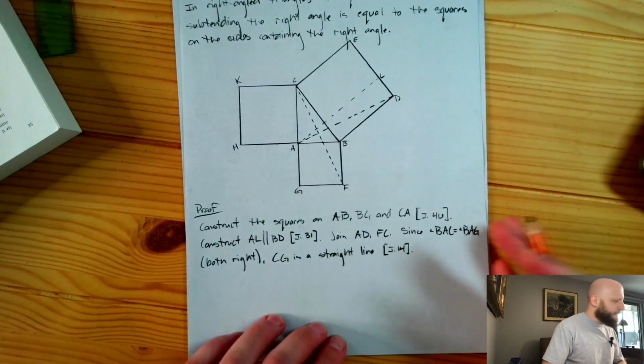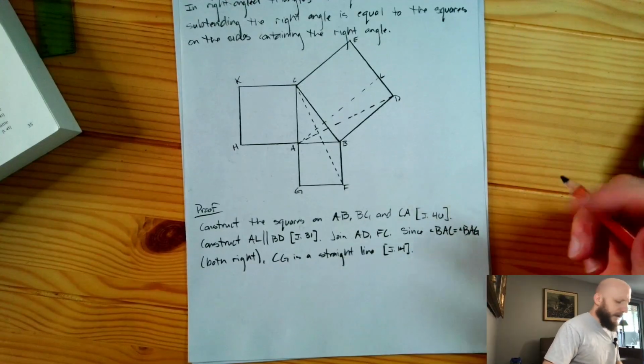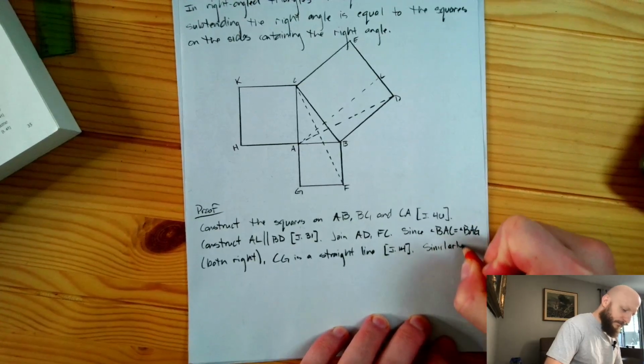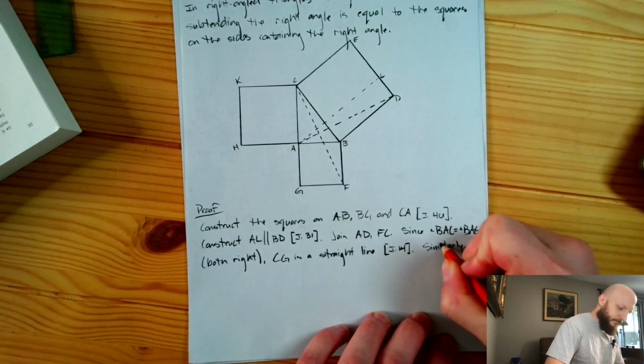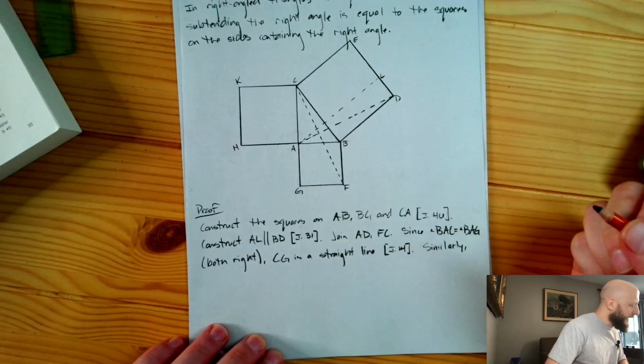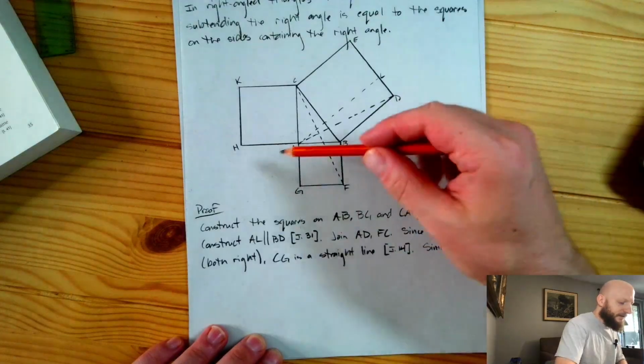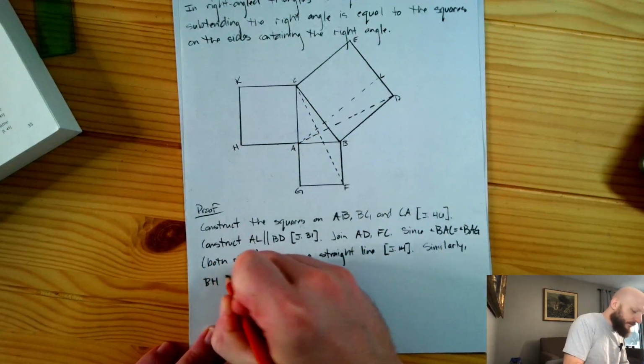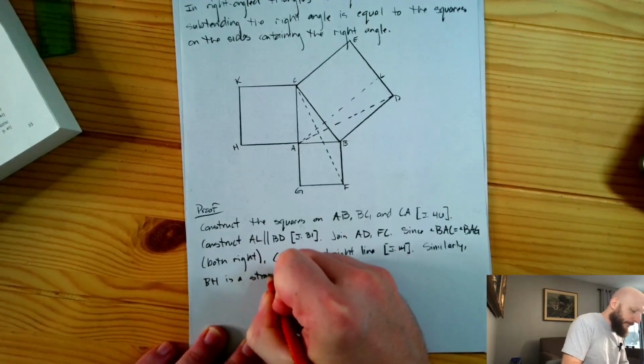It tells us that. Okay, and for the same reason, similarly, BA is in a straight line with AH, so BH is a straight line.